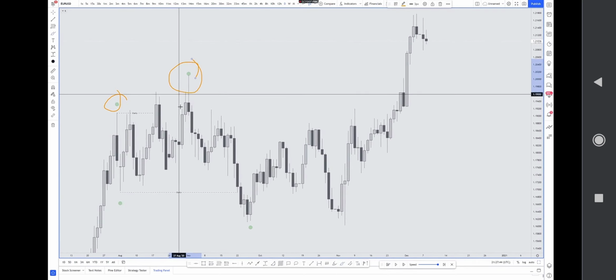Now order flow is still continuing on down. We haven't had any real pullback worth mapping yet. And ultimately, order flow becomes bullish here. Unconfirmed bullish.